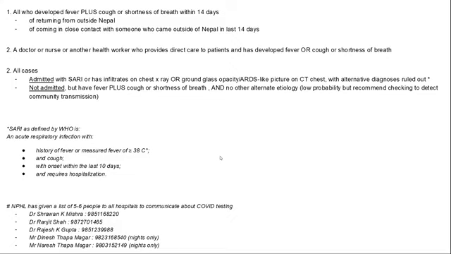And besides those people, you also want to put people who are healthcare workers, like doctors or nurses who work in a hospital, as high risk people. So if a doctor or nurse or any people who've been in the hospital get fever or cough or shortness of breath, you want to check them out. So the very important thing here is that you don't want to wait for these high risk people to get cough or shortness of breath.